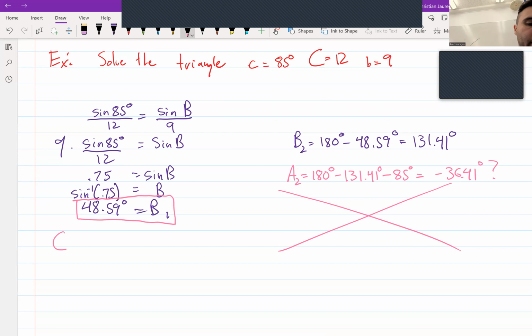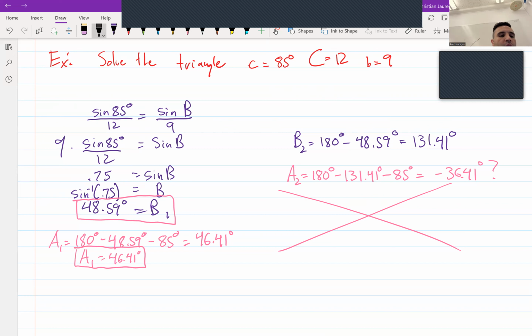So now I can find big C. Nope, I already know big C. Big A1, 180 degrees, minus 48.59 degrees, minus 85 degrees. It's 46.41 degrees. A1 is 46.41. Box it.